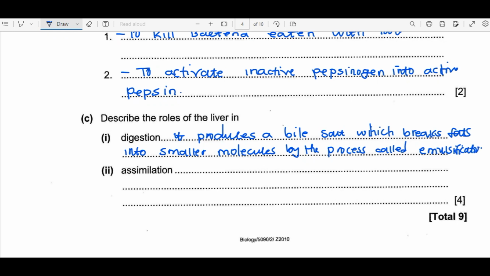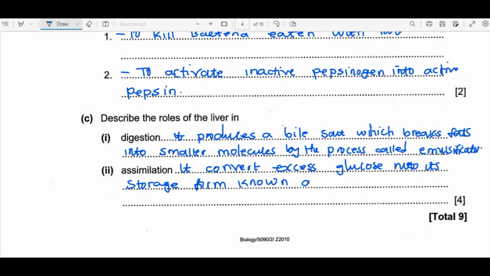Then for assimilation, we are looking at the use of digested food. For this one, we look at how it converts excess glucose into its storage form known as glycogen, by the process known as glycogenesis, but let's not look into that.